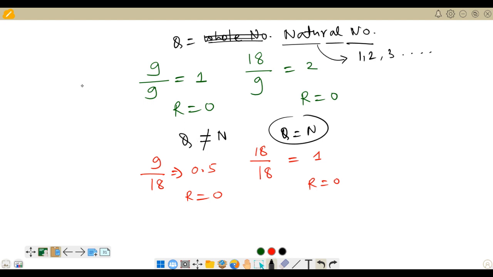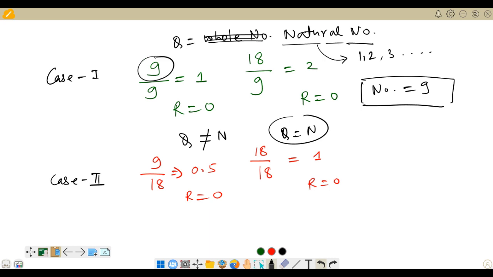In case 1, you can see that the number 9 completely divides both 9 as well as 18. So in this case, 9 is a factor of 9 and 18 as well.